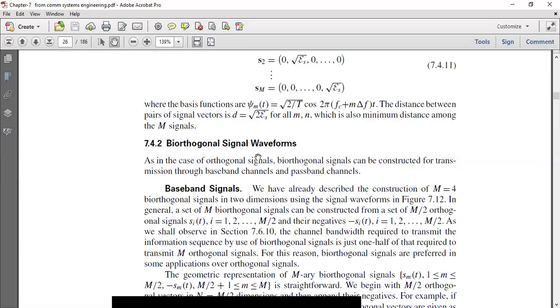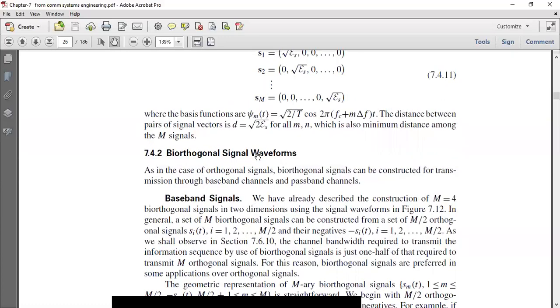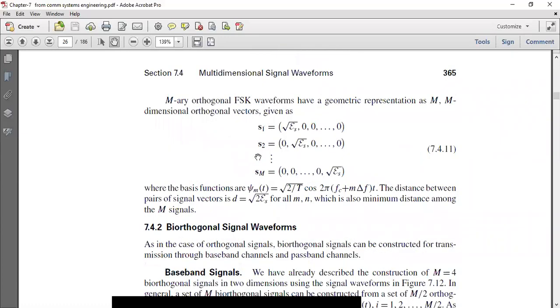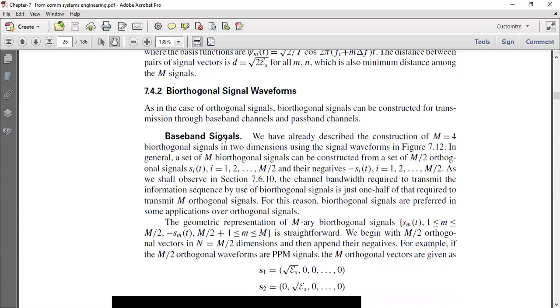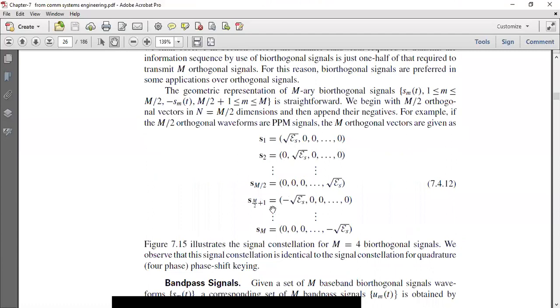Now we will talk about bi-orthogonal signal waveforms. This is section 7.4.2. We will first start from the baseband signals. Baseband signals can be generated similarly to the multidimensional signaling we discussed previously.